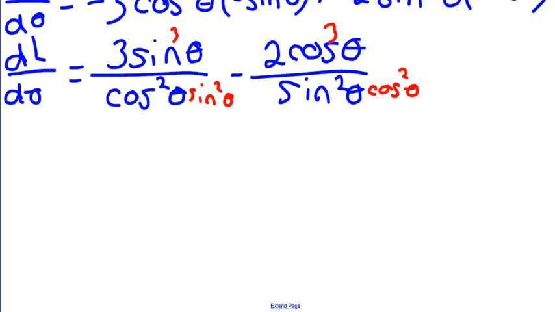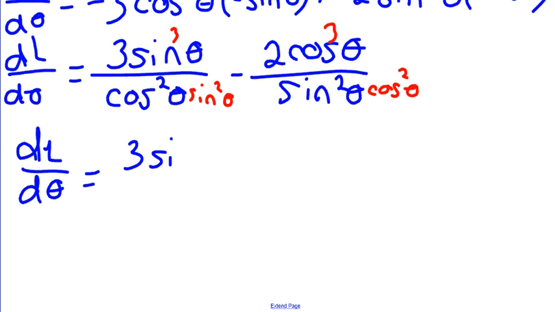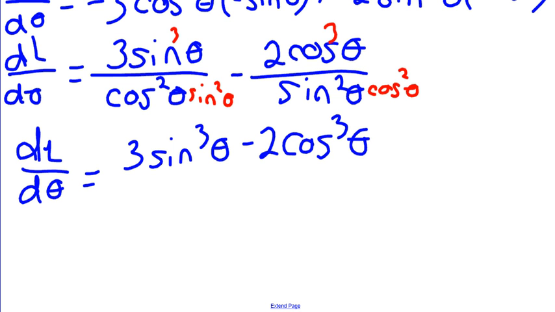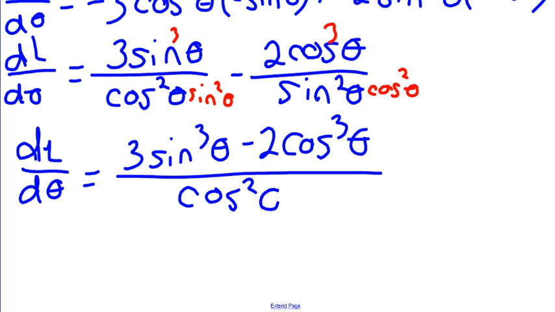So now I have common denominators. So dL d theta equals 3 sine cubed theta minus 2 cosine cubed theta all over the common denominator, cosine squared theta, sine squared theta.